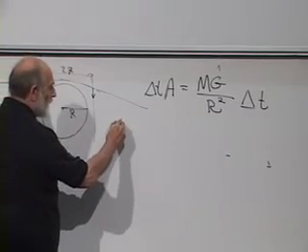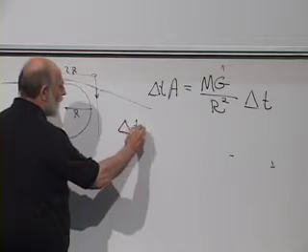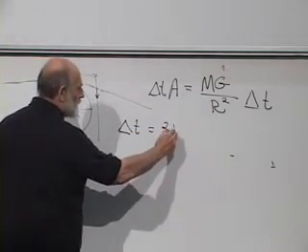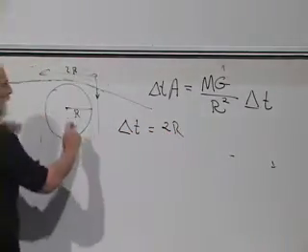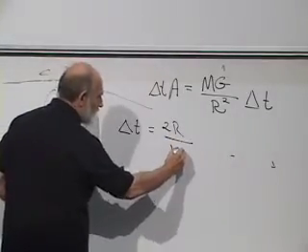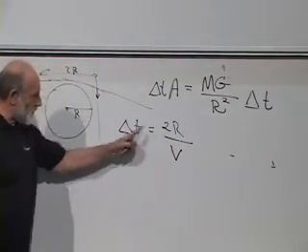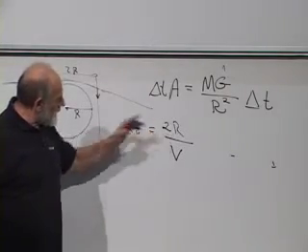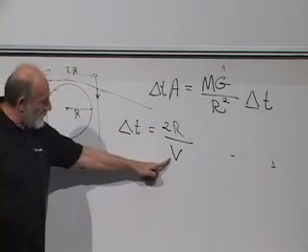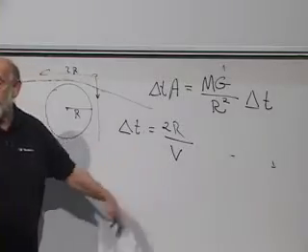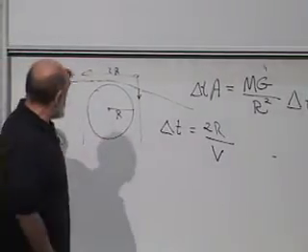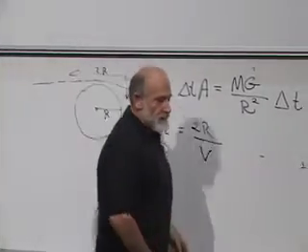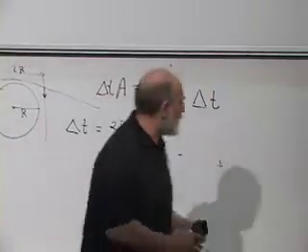So how long does it take? It takes a time delta t, which is approximately twice the radius, this distance here, divided by the velocity. That's velocity times time equals distance, so time is the distance it travels divided by the velocity, which is the velocity of light going across here. So that's 2r divided by c.